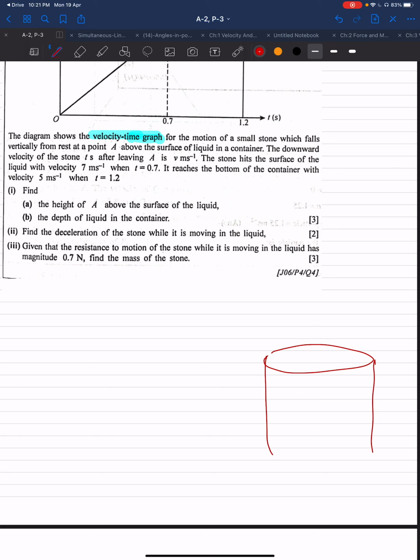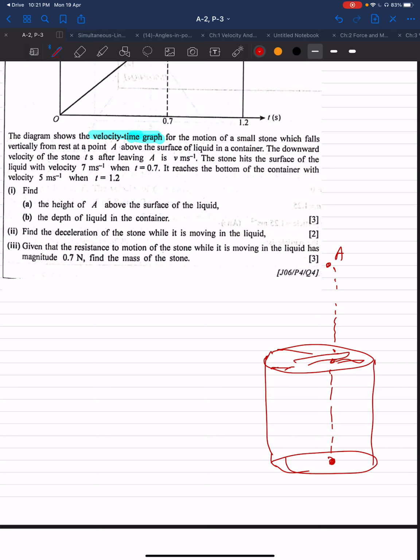Okay, this is the container, and this is the surface of the container. This is point A. From there, the stone is dropped to here and then went to the bottom of the container, right?